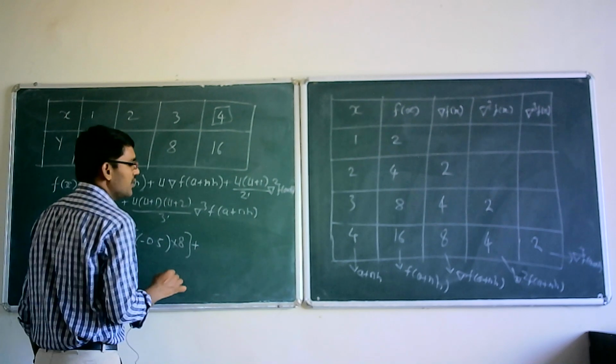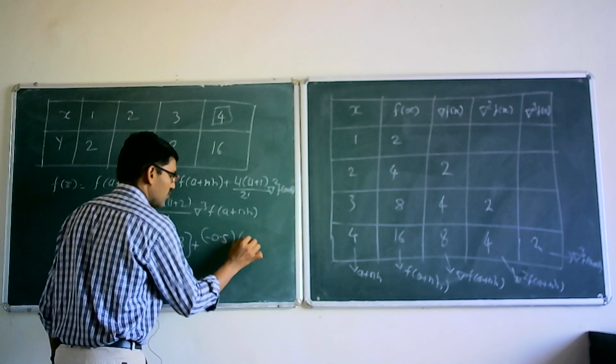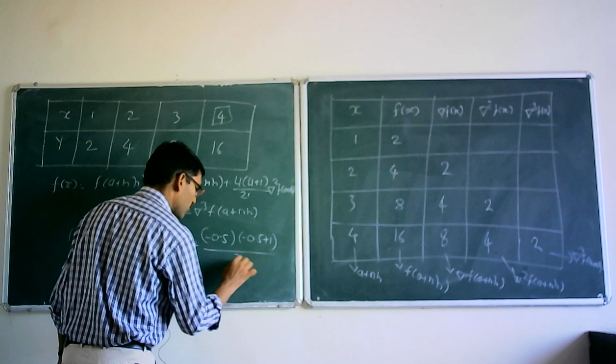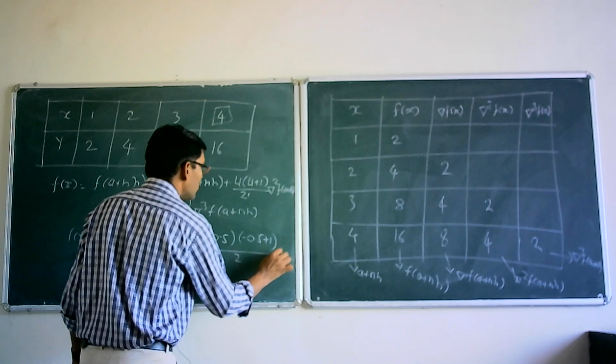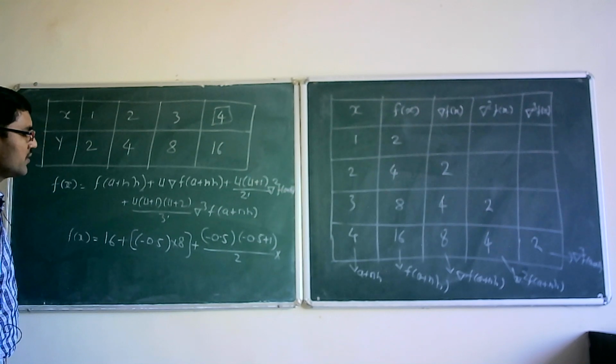Plus u, minus 0.5, into u plus 1, divided by 2 factorial, which is 2, into del square f of a plus nh, which is 4.